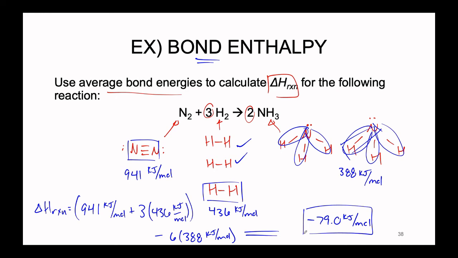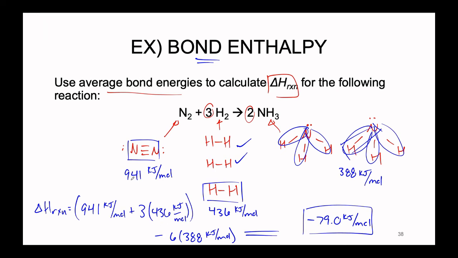And so here's how we can use the equation that we just saw on the previous page. Again, notice that I did not manipulate the signs explicitly on any of these bond enthalpy values because the equation takes care of that for me.